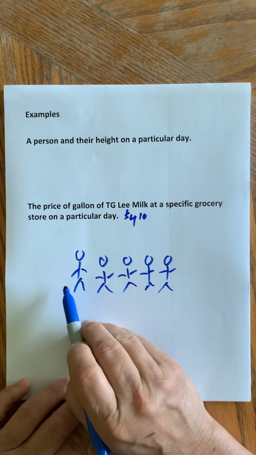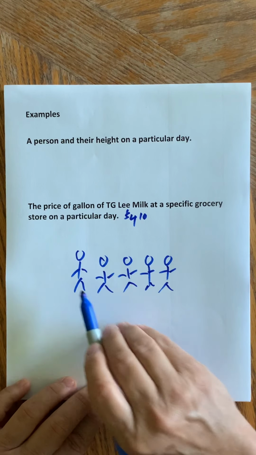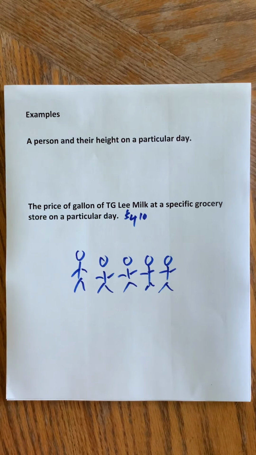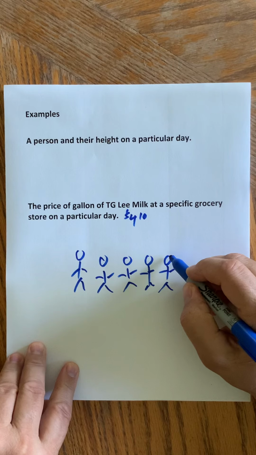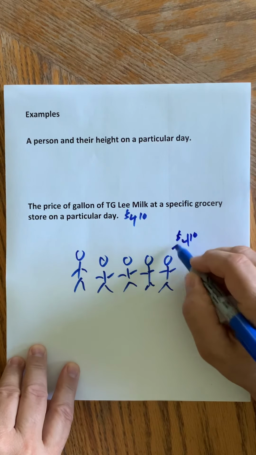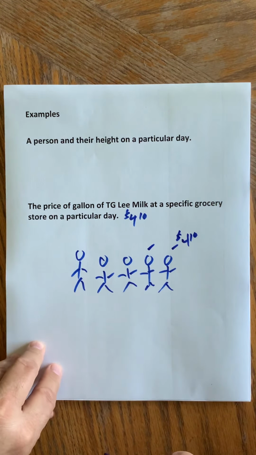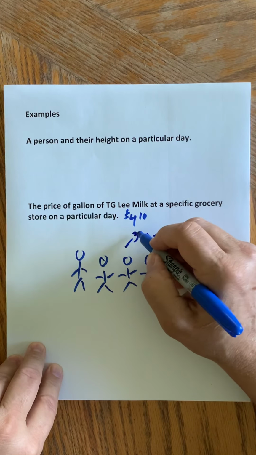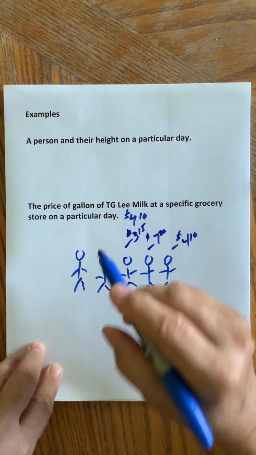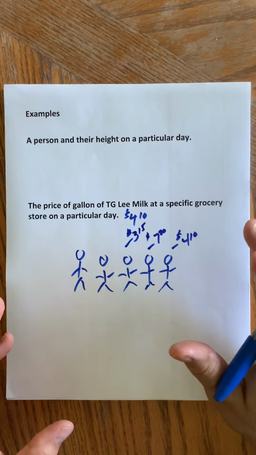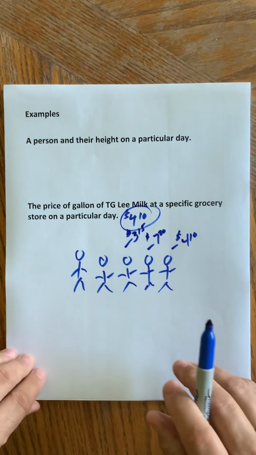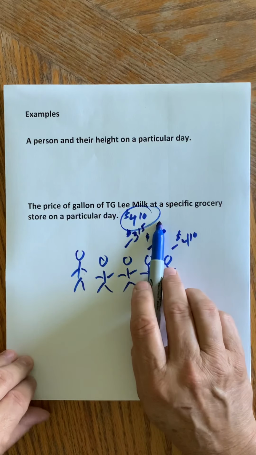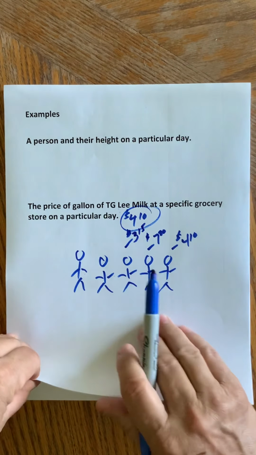That means all of them, regardless of who that person is, each person's going to be charged $4.10 for that gallon of milk at that grocery store. It's not like one person gets charged $4.10 and the cashier just looks at the other person and goes, today I'm going to ring you up at $7.20. And then another person, they go, I'm going to charge you $3.15, and so on and so forth. That's not going to happen. It's going to be the same price regardless, because for that one input, there's only one output, right? That's the idea. It's not variable.